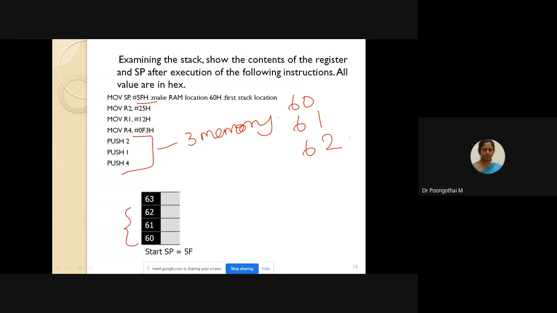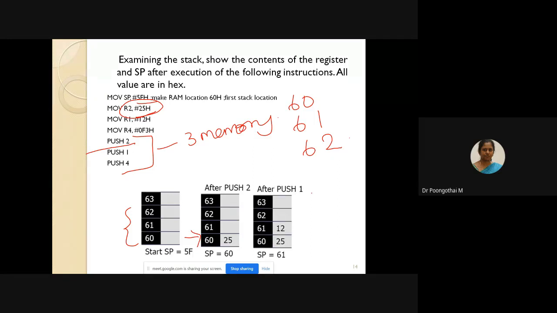It's pointing 5F. After execution, what is the content of your R2? 25. This 25 is written into 60, and now your stack is pointing 60. After execution of push 1, the content of R1 is 12, which is pushed into 61. Now your stack is pointing 61.